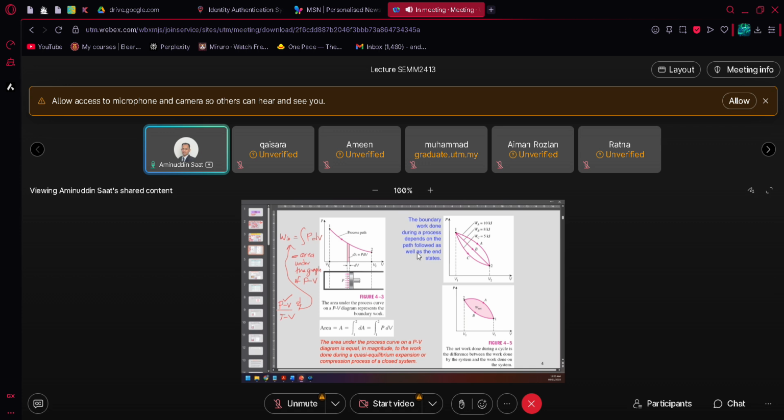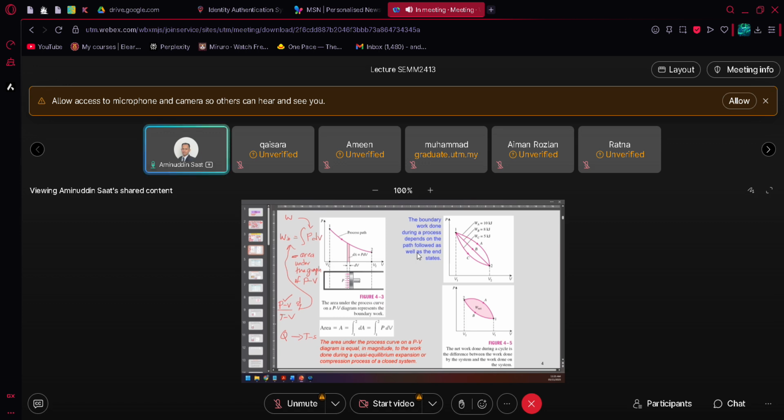If this is for boundary work, then for Q, it is related to the TS, the temperature-entropy diagram. So if W is related to the PV, Q is related to the TS.